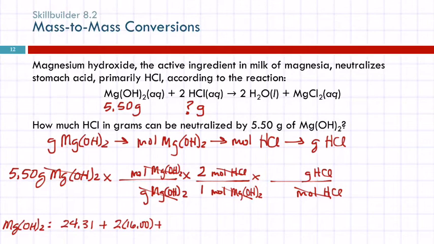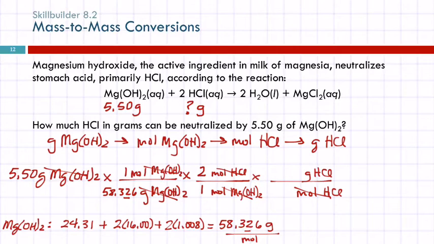And how many hydrogens? 2. 1.008. So then I do the math on that. 24.31 plus 2 times 16 plus 2 times 1.008 equals 58.326 grams per mole. 1 mole of it weighs 58.326 grams. So I've got 1 mole, 58.326 grams.